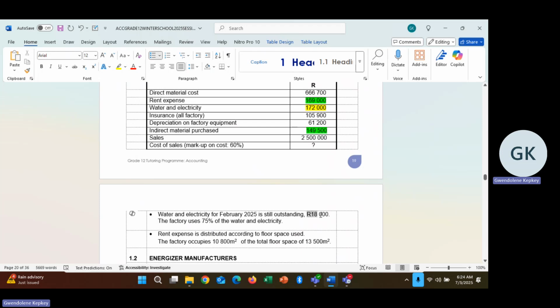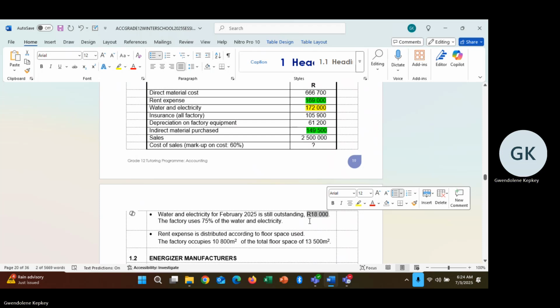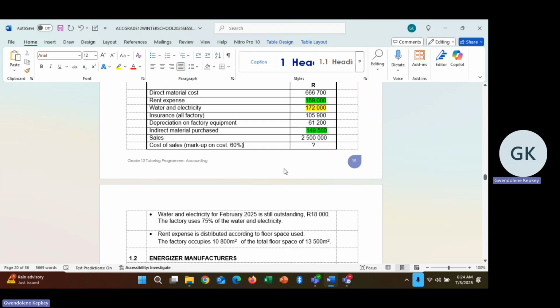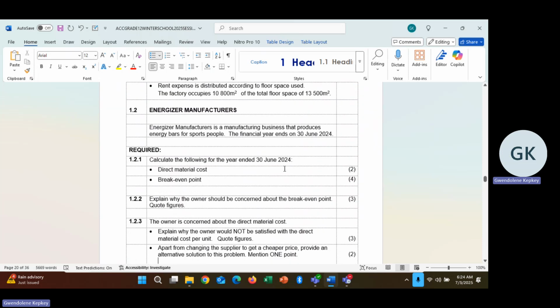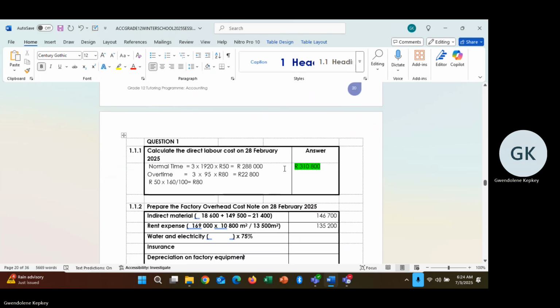So logically speaking, thinking of what I would do in my SOCI, I now need to take this 18,000, add it to my 172, and that will be my total expense. And from there, we multiply it with the 75%. Those totals are 172,000 already spent, and I still owe water and electricity to the value of 18,000.